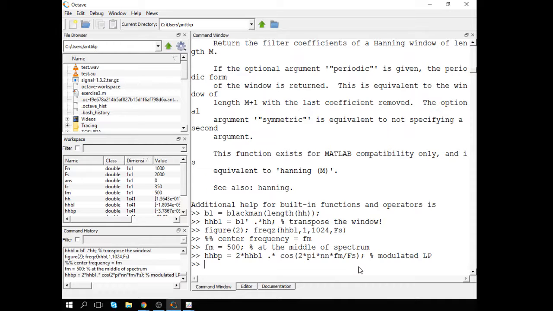Okay, and seeing is believing. All right, figure. How many figures? Okay, figure 3. Frequency response of Hbp bandpass, 1024 points, and Fs.